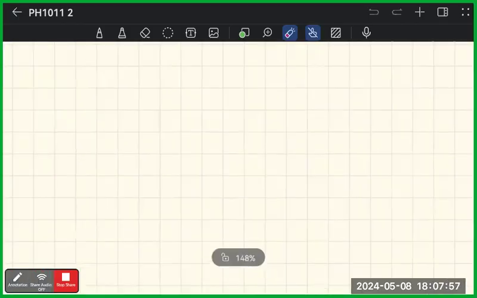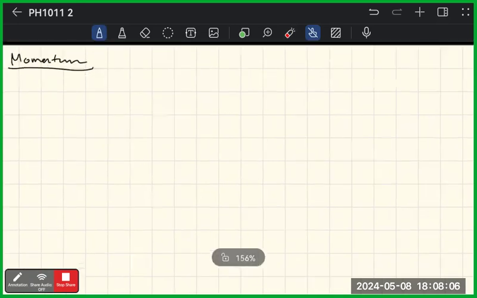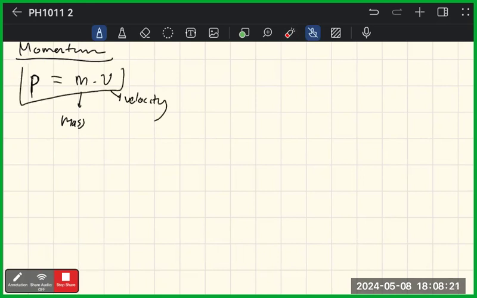Okay, now we'll touch on momentum. So momentum is P equals m times v, where m is mass and v is velocity, and that's it for momentum.